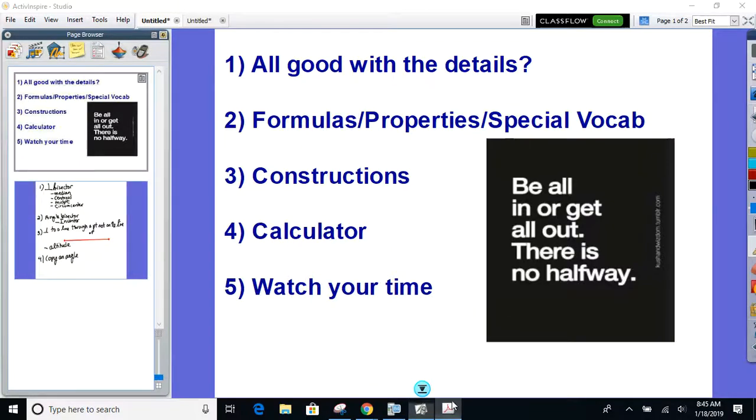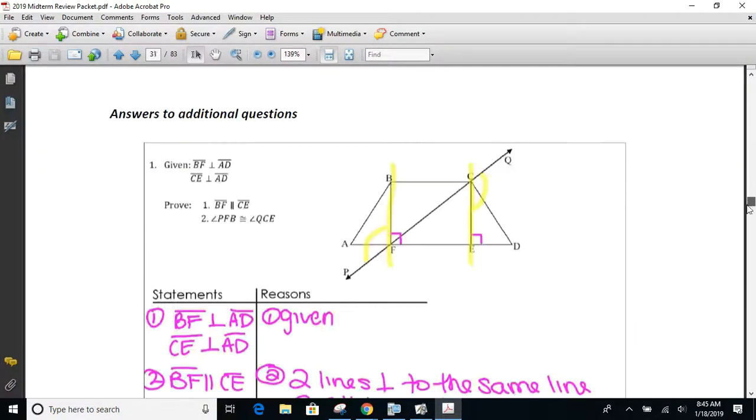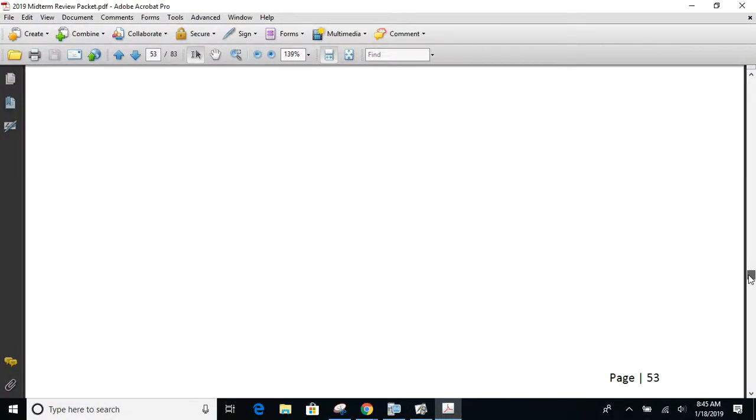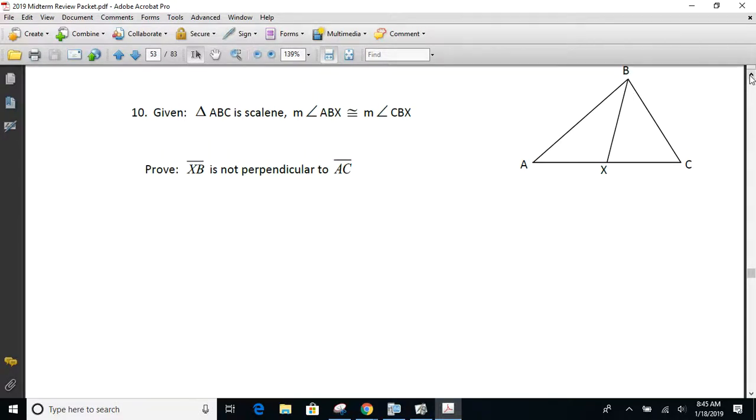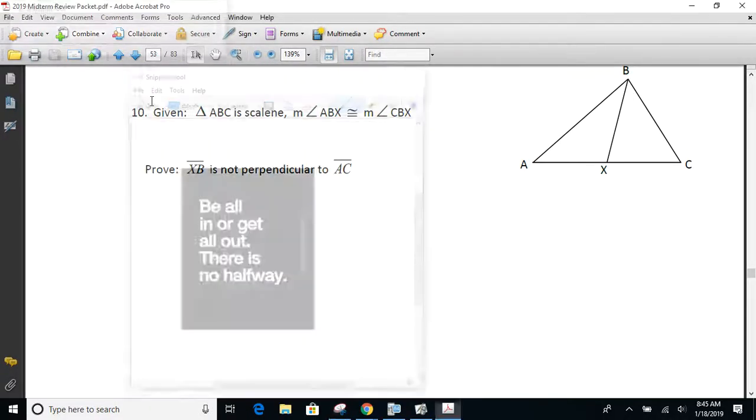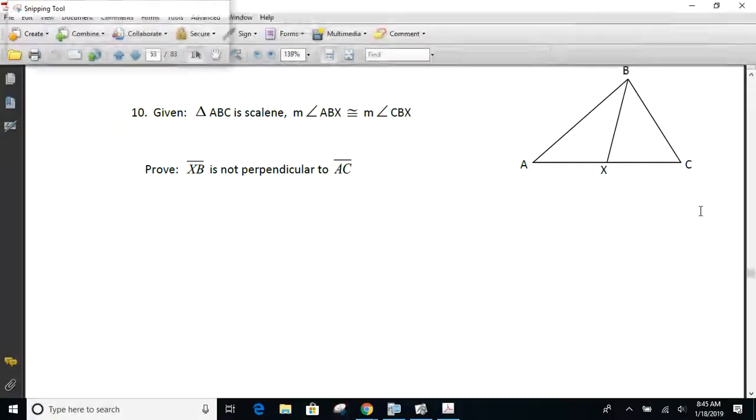Page 53, everybody. Let's see what we're working with. Looks like we got an indirect proof to try out here first.